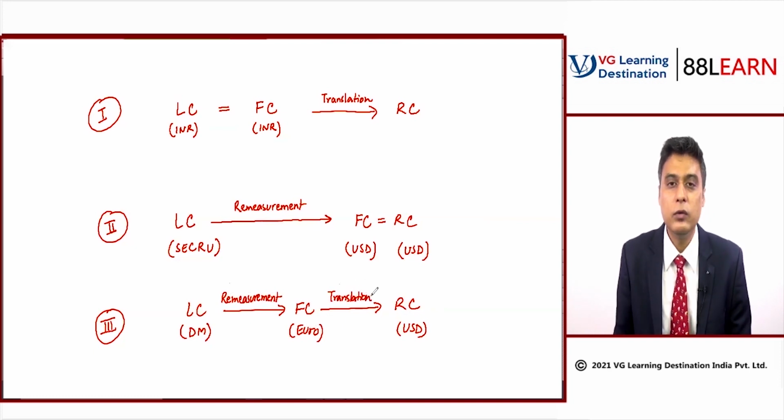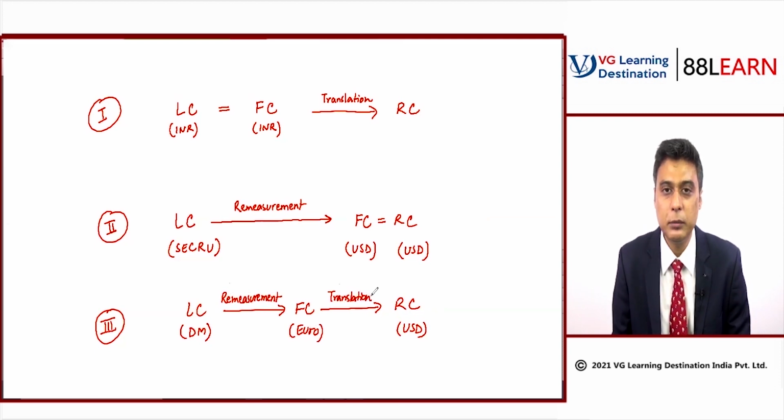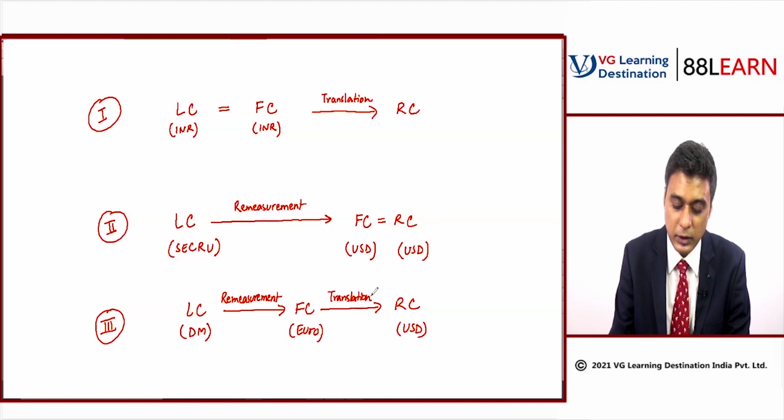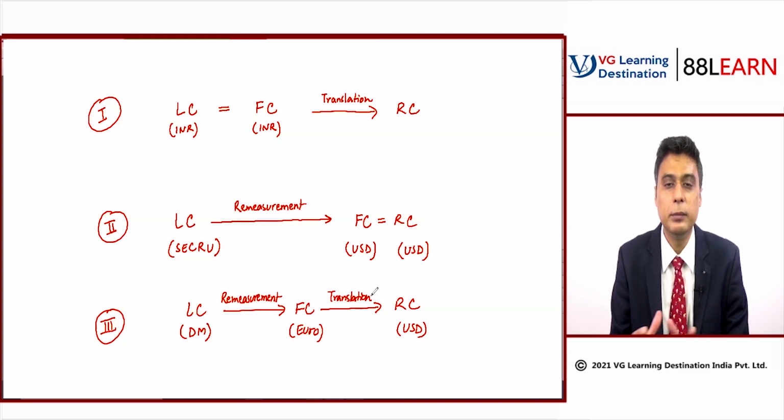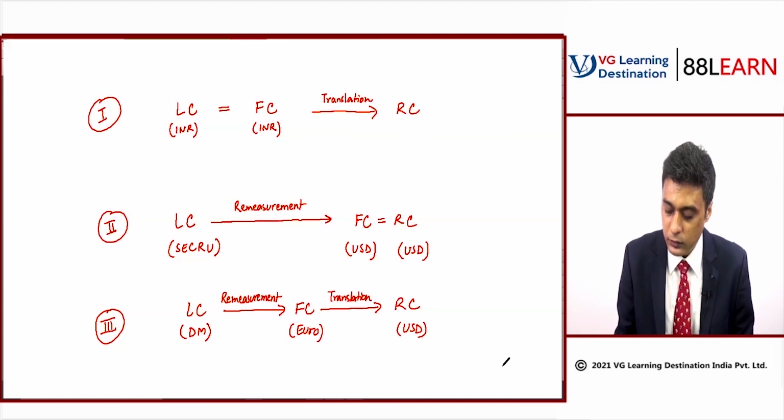Right? So depending on what kind of currency we are talking about in a particular example, we are going to decide the method. The currency determines the method that we are going to use. Are we going to use the remeasurement method or the translation method or both? Okay, so the currency determines the method, and then the method determines what rate is to be applied to which item for the conversion.